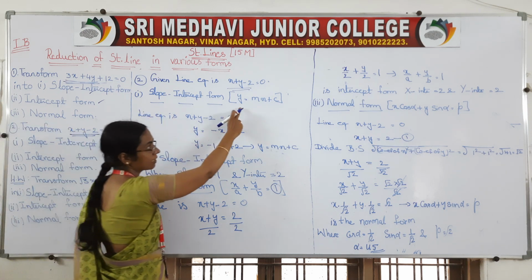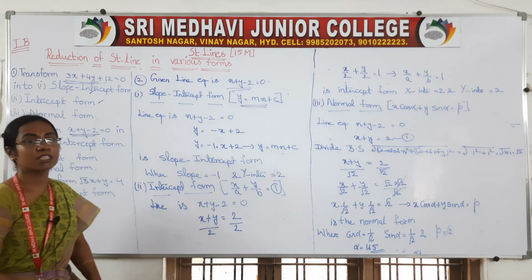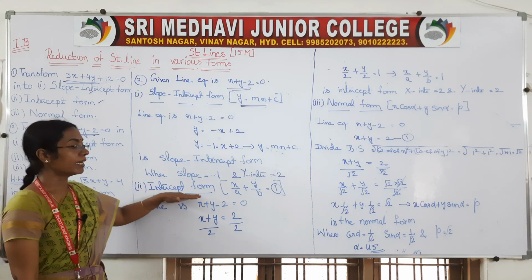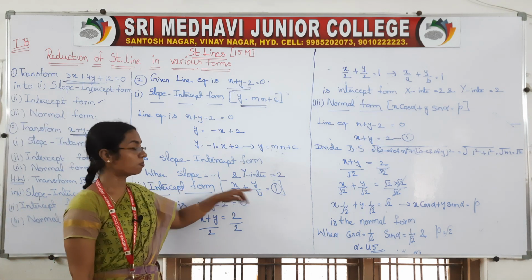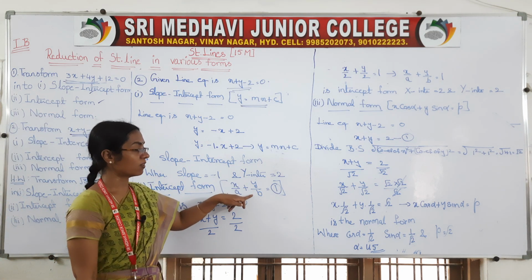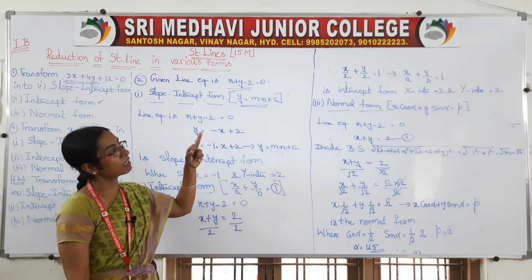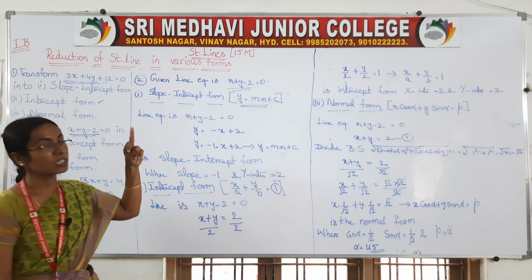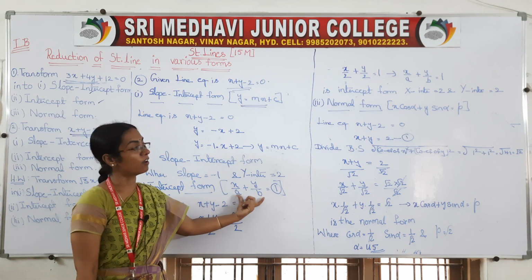That means at the end your equation should be y is equal to mx plus c. Next, intercept form. That means at the end your equation should be x by a plus y by b is equal to 1. See, at the end your equation will be x by 2 plus y by 2 is equal to 1, exactly in this form.